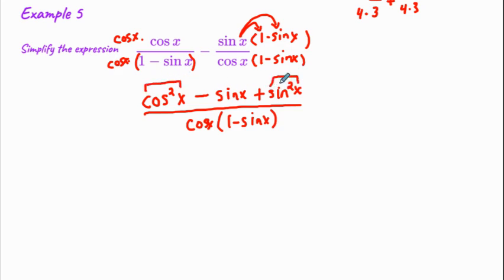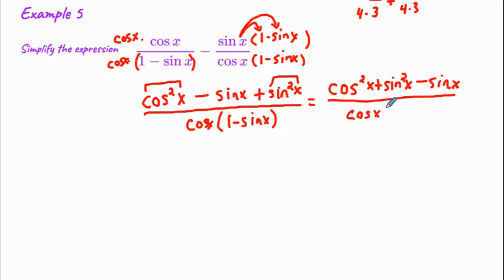What more, this sine squared is positive and this cosine squared is positive. So we can rearrange the terms in the numerator to make it a little nicer to look at. Cosine squared x plus sine squared x minus sine x all over cosine x times 1 minus sine x.